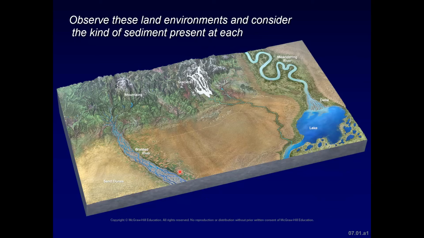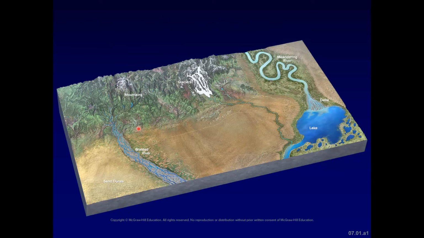We'll look at these land environments generically and consider the kind of sediment present at each part. So mountains, you might find angular sediment because it's close to the source as it's broken apart. Sediments from glaciers, you can have all different sizes of sediment from very large to very fine and powdery. A steep stream or river will have what comes out of the mountains.